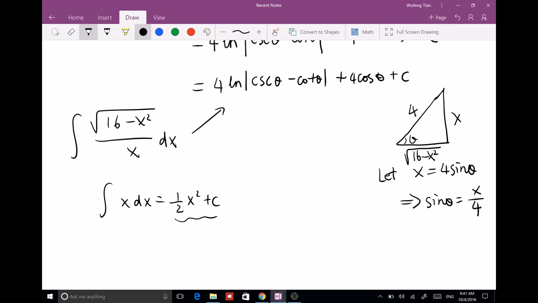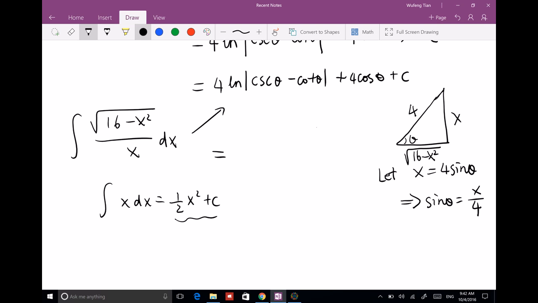Now, I draw a triangle here. Can anyone tell me why I draw a triangle here? Perfect.